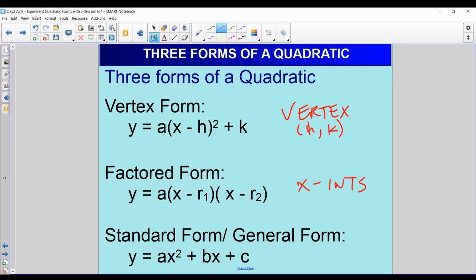Standard or general form. The easy thing that comes from this is the y-intercept, because the y-intercept happens when x is 0, and if x is 0, that term goes away, that term goes away, and it is just our c value.